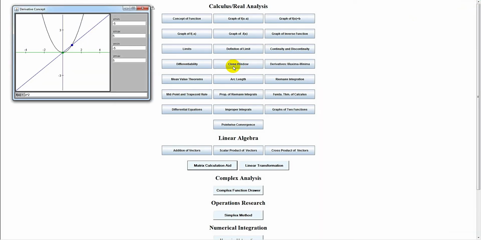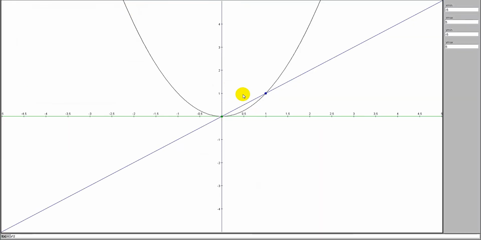Now, the concept of derivative or tangent line. I have observed that students have a misconception about the concept of tangent. They often feel that a tangent is a line which touches the curve at a single point. However, this idea is incorrect, at least in calculus.